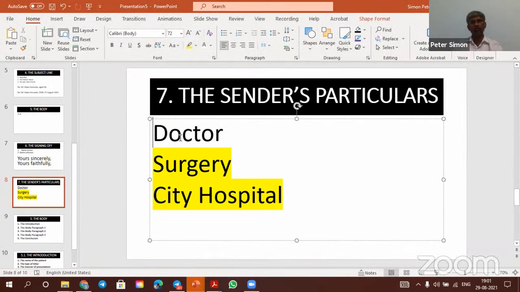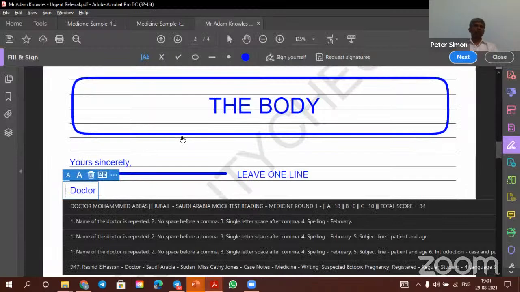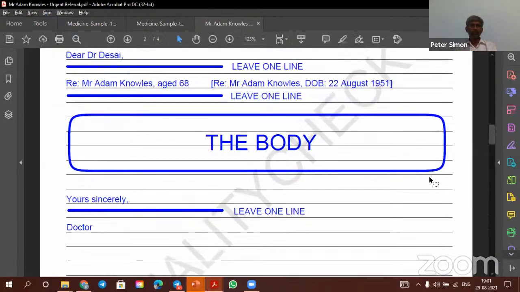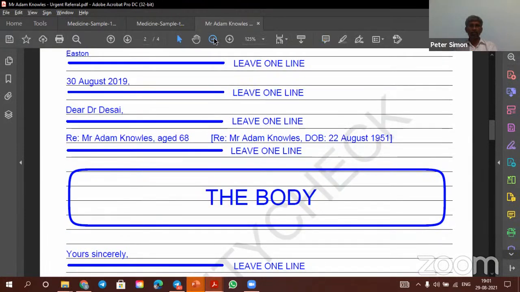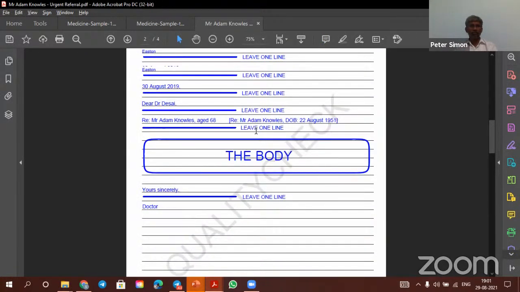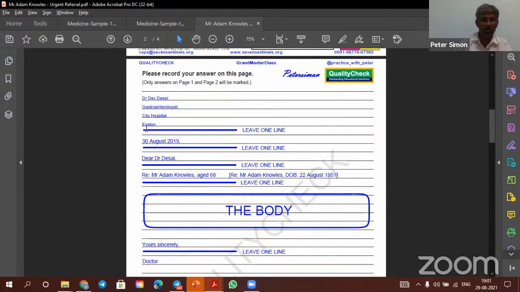Next one. So only the doctor you take, others no need, because he did not give a clear picture. So doctor, finished. Now this is how you have to write. So this is number one, two, three, four, five, six, seven. This finished. This follows that one. Now you have learned, no confusion regarding that.